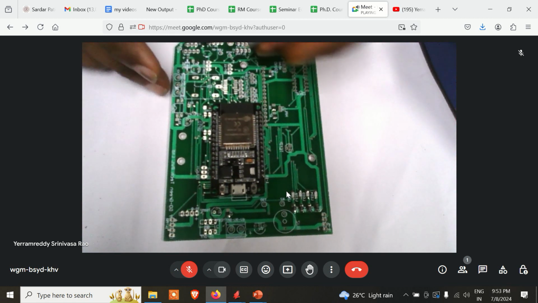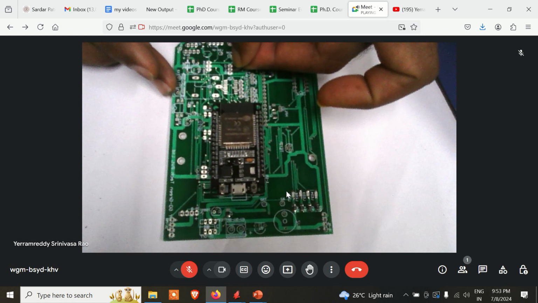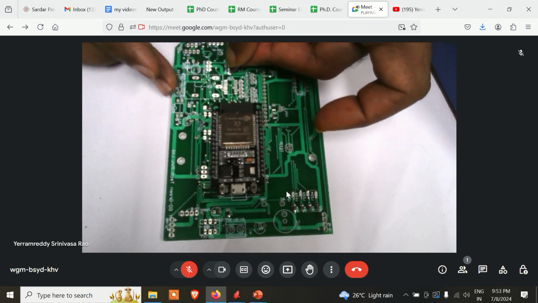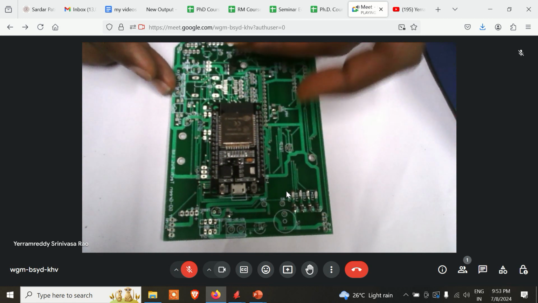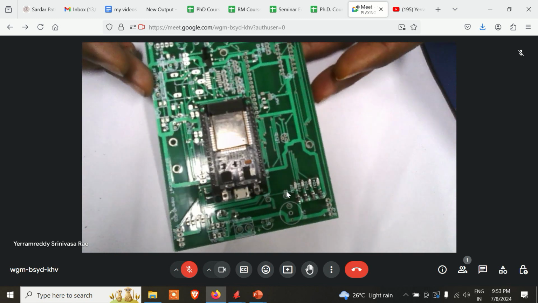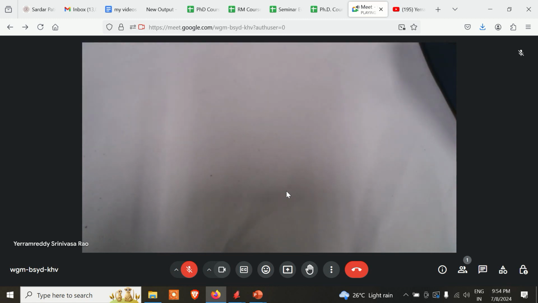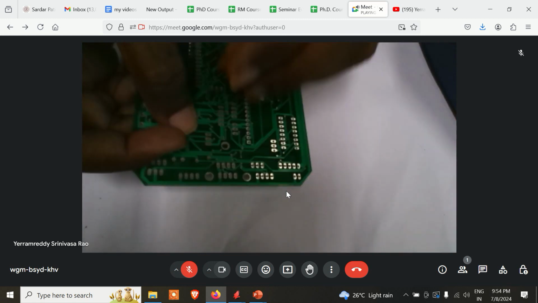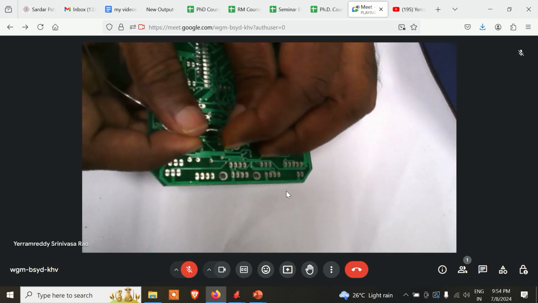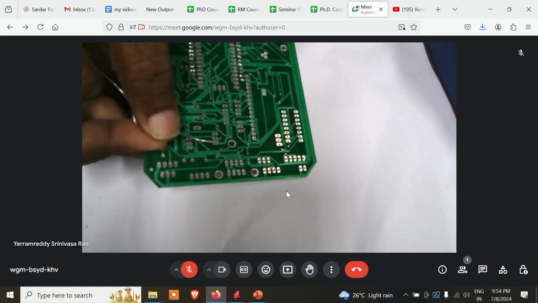Alright, so I am mounting exactly as explained in my earlier session, where DHT11 is written. So only this DHT11 I am soldering, a 3-pin Burg strip, so that I can write the program for inputs.